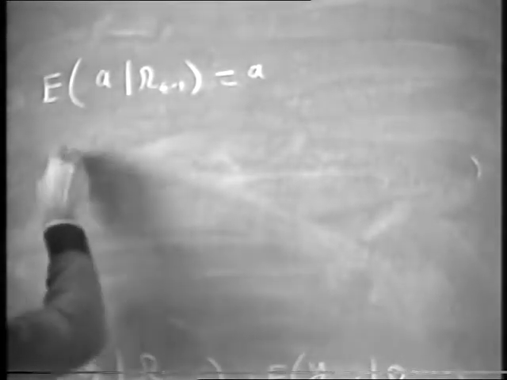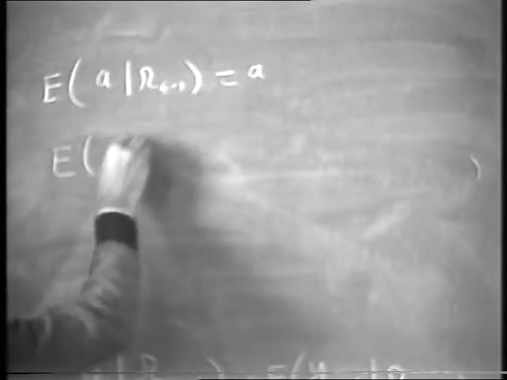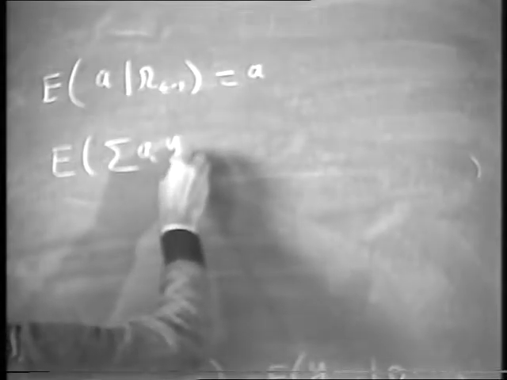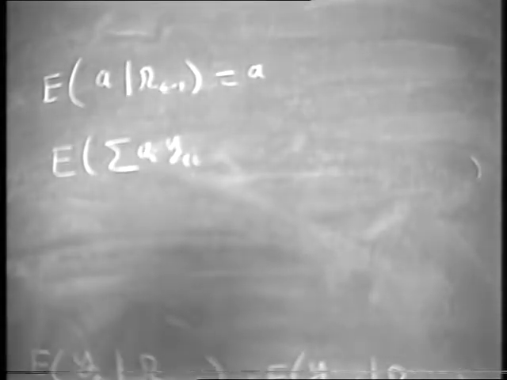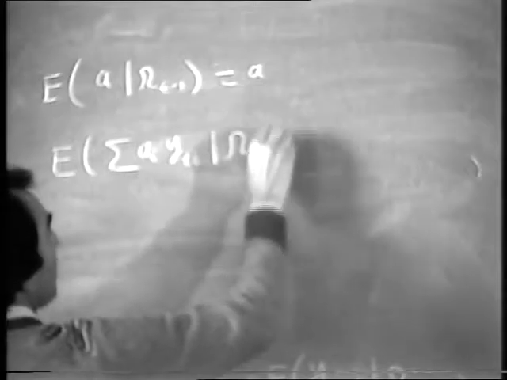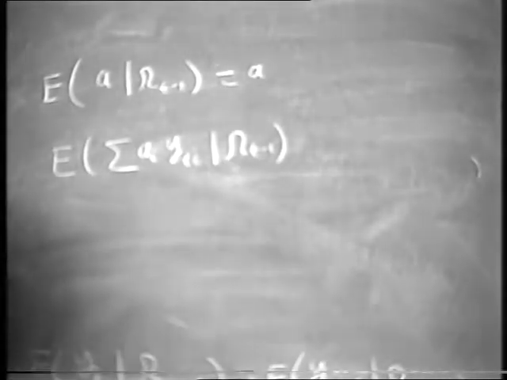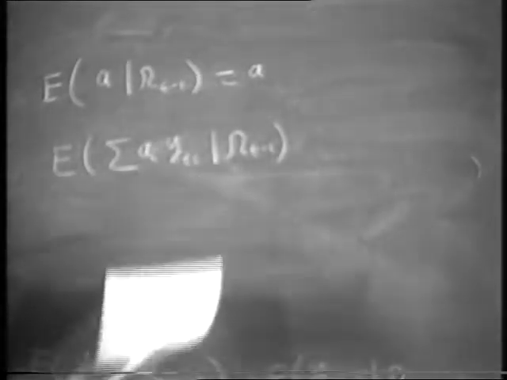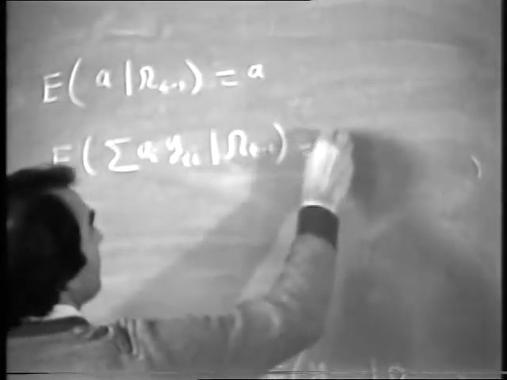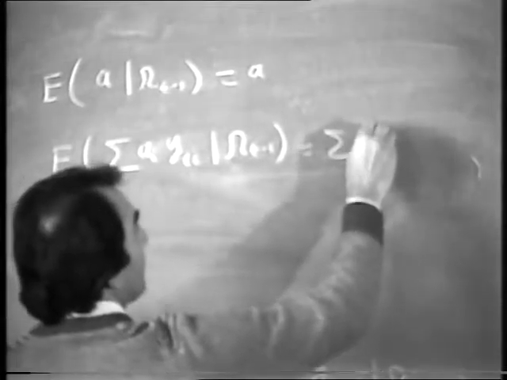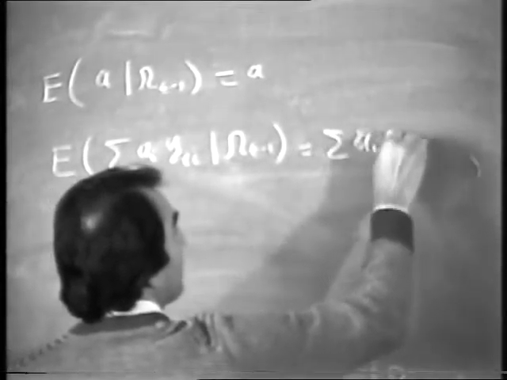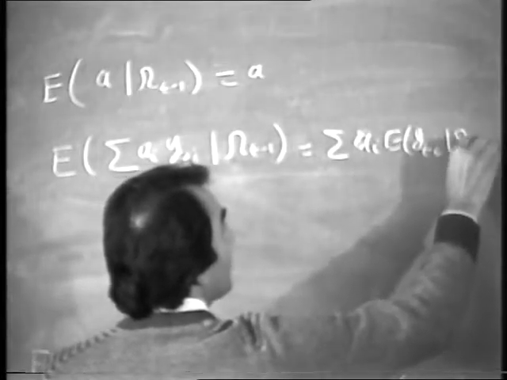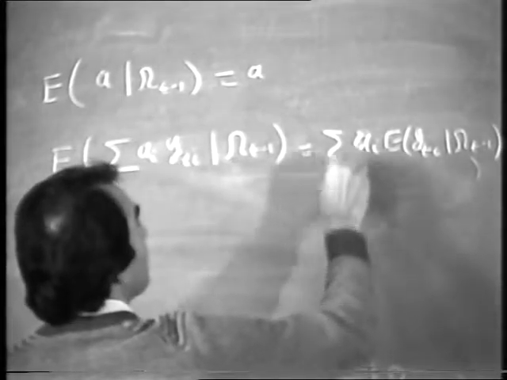The second is that the conditional expectation of a weighted average, if you had a number of variables yti, conditional on omega t minus 1, including all information on all the y's up to t minus 1, would again be equal to the sum of ai times the expectation of yti given omega t minus 1, i from 1 to, say, k.